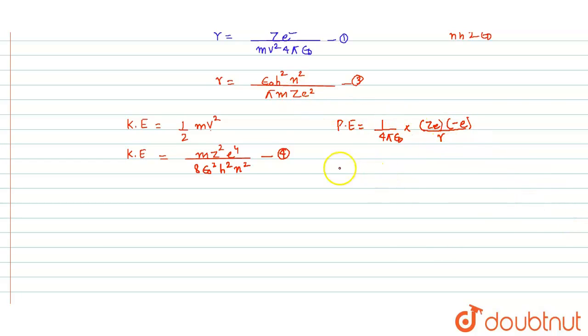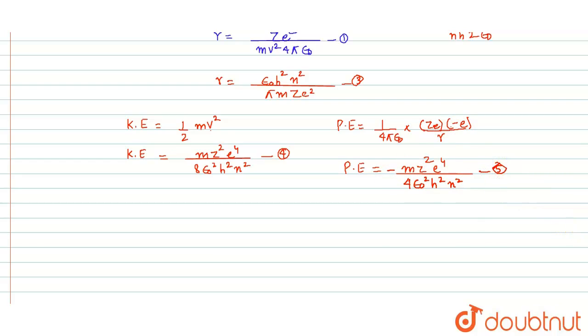So you get the potential energy as simply m Z square e to the power 4 whole divided by 4 epsilon naught square h square n square, and this will be negative because the charge of the electron is negative. Let this be equation number 5.